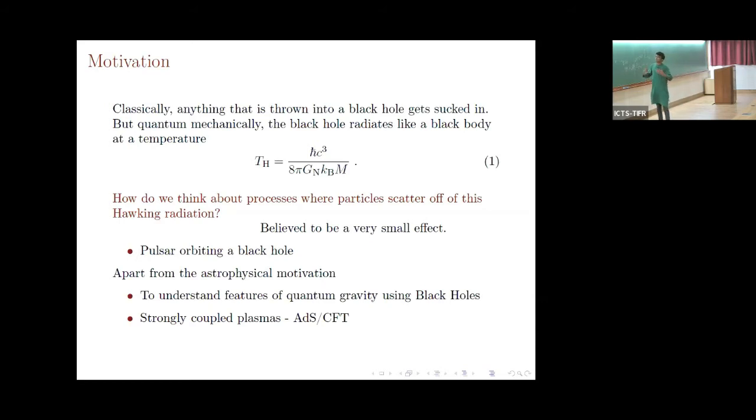And since three of the speakers spoke about AdS/CFT, an AdS/CFT motivation would be to try to understand strongly coupled plasmas in which the elements of the plasma are interacting very strongly. How do you understand the behavior of such plasmas? That's the kind of question we'll be answering if you believe in AdS/CFT.